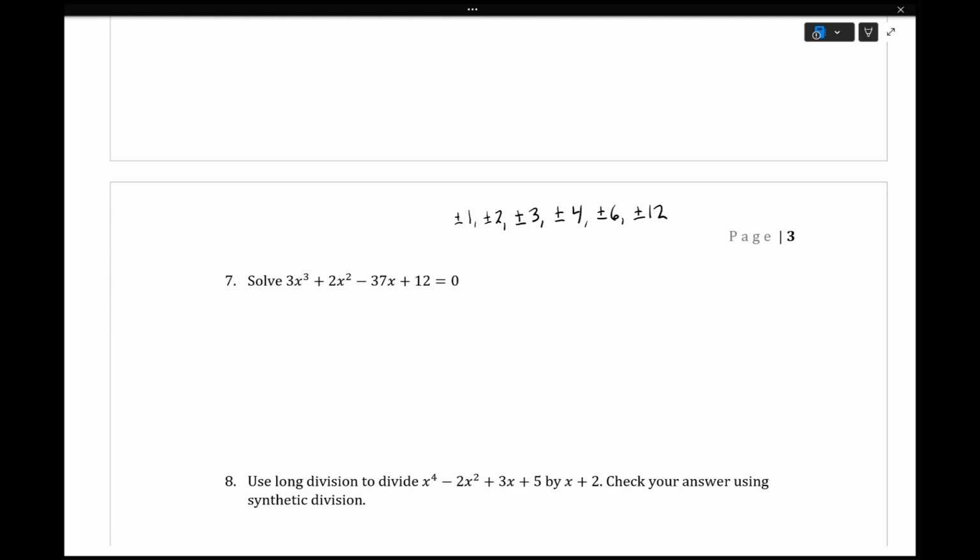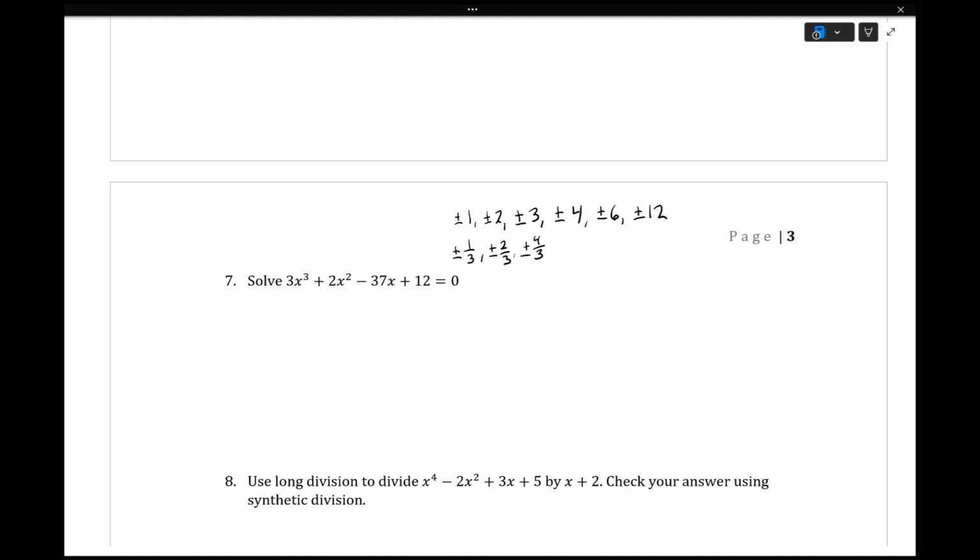So I'm going to have all of those, and then each of those divided by 3, plus or minus 1/3, plus or minus 2/3. 3 divided by 3 is 1, so I don't need that. 4 divided by 3 is 4/3. 6 divided by 3 is 2, and 12 divided by 3 is 4, and I already have those.